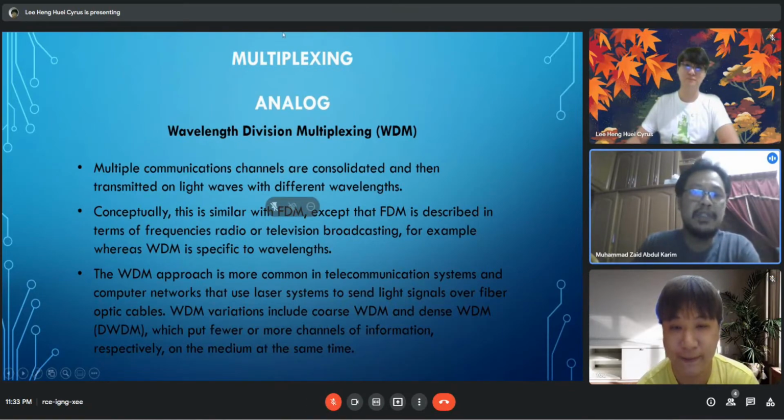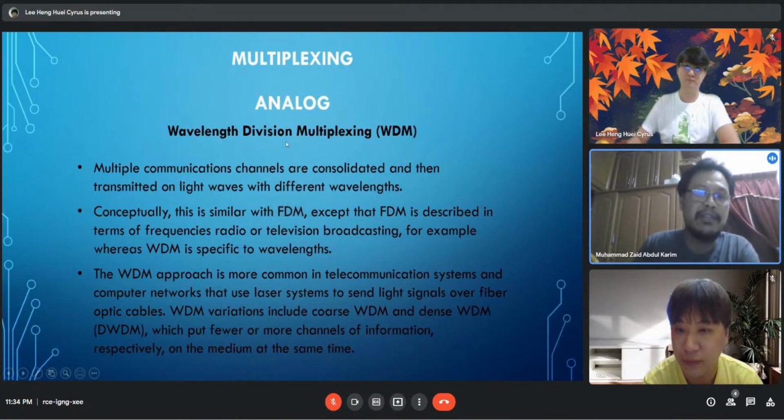And I will continue multiplexing the analog with wavelength division multiplexing (WDM). Multiple communication channels are concentrated and transferred on light waves with different wavelengths. Conceptually similar to FDM, except that FDM is described in terms of frequency, for example radio or television broadcasting, whereas WDM is specific to wavelengths.